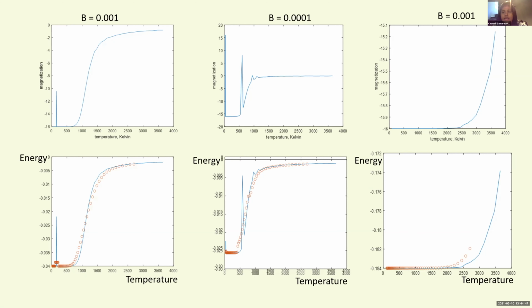Here we can clearly see that the phase transition occurs from here to here. It's a rapid, drastic increase in magnetization. The phase transition from ferromagnetic to paramagnetic occurs at approximately 1000 to 1500 Kelvin. The graphs of magnetization versus temperature and internal energy versus temperature for all three systems compare well.